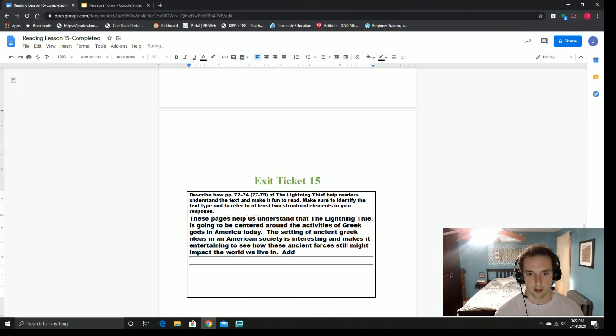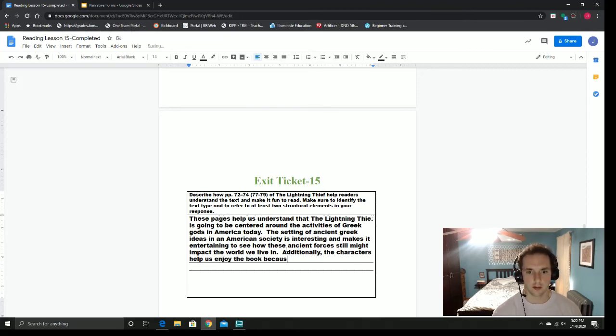Additionally, the characters help us enjoy the book because they don't know everything about themselves or each other.